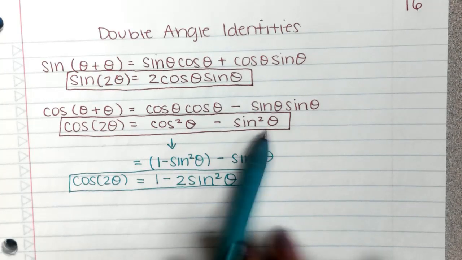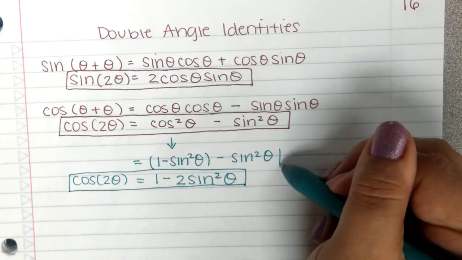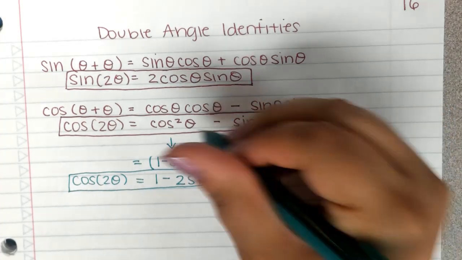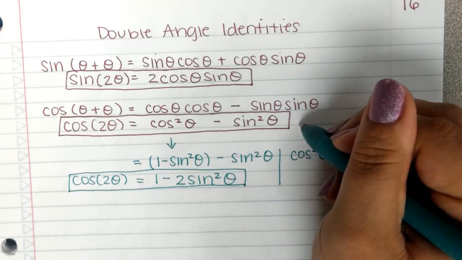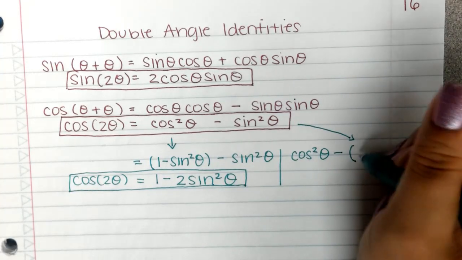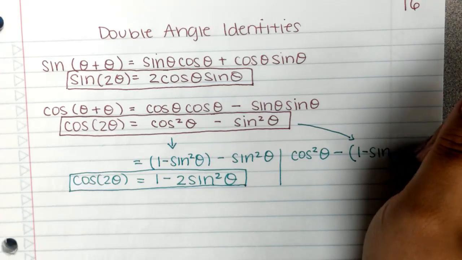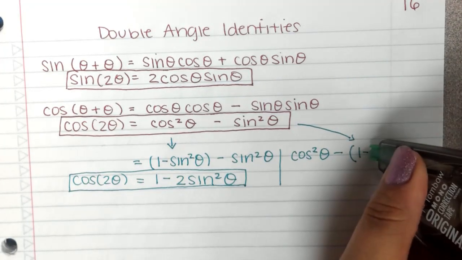And the same thing can be done over here for sine. So I could just leave it cosine squared theta. And instead, I can substitute for sine 1 minus cosine squared theta.